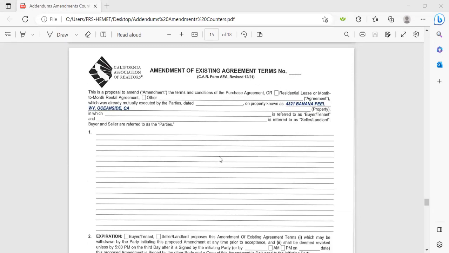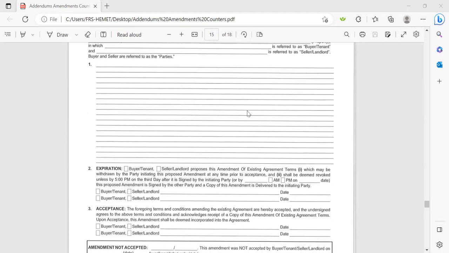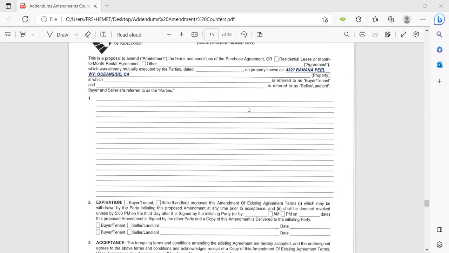The reason it gives you a spot for a number is because sometimes there's more than one thing that happens during the course of things. Maybe one of those things popped up a week into the transaction. Well, we can still get these people in there, but we have to change loans. So it's no longer a conventional loan with 20% down.